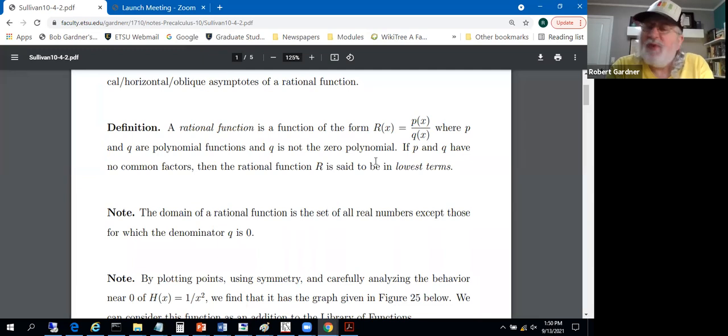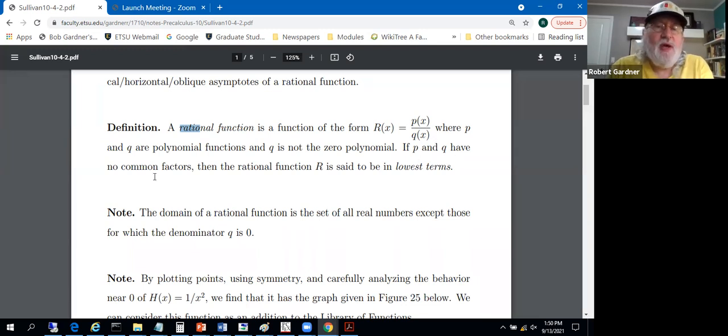It causes some difficulties for the fundamental theorem of algebra. But it's a ratio. Rational numbers are ratios of integers where the denominator is not 0. Rational functions are ratios of polynomials, the functions we considered previously, where the denominator is not the 0 function.